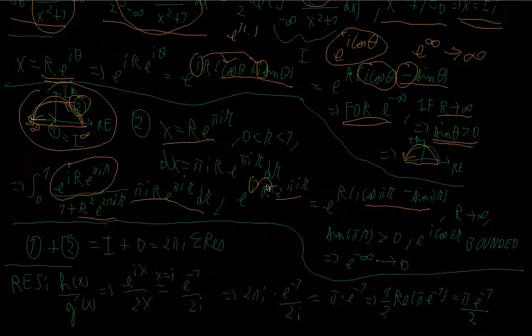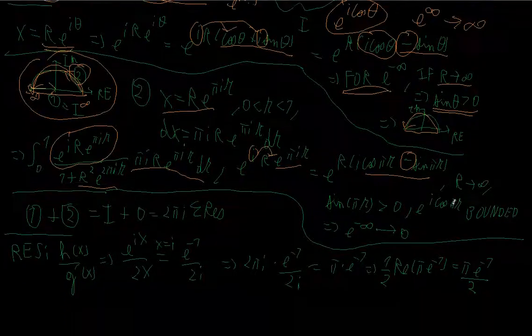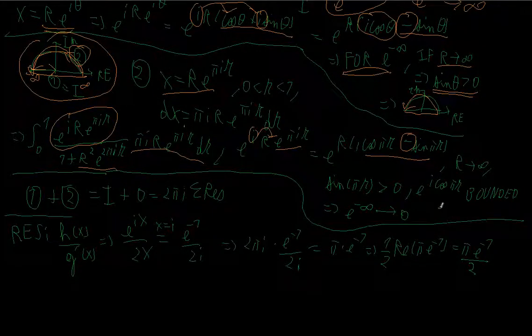Again, because there's an i here and an i inside Euler's formula, we'll have i squared here. So now again, if my radius goes toward infinity, and also we know that sine of pi t is positive, first because it is positive in the upper half plane, and secondly because sine of pi t is positive if t is between 0 and 1.